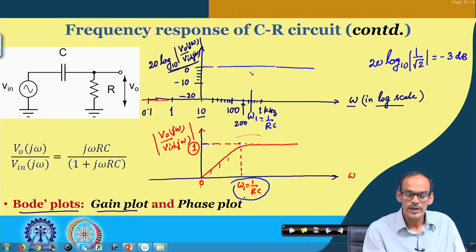So, with respect to 0, at this frequency what we are seeing is that it reached minus 3 dB, and then if you go to some other lower frequency, we will be getting some other point here, and so on. So, if I consider different data points here and try to plot, what we will be seeing is almost linear here, and then there will be a bend like this, and then it is getting saturated.